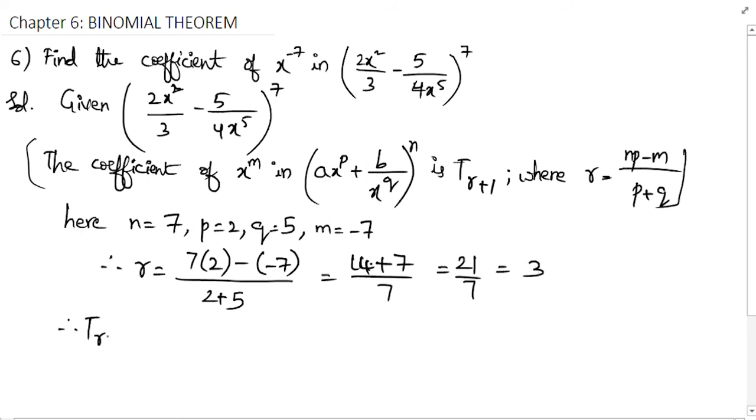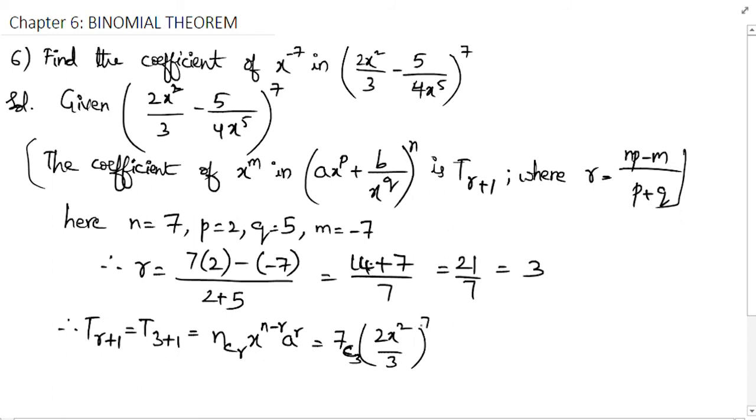So therefore T(r plus 1) is equal to T(3 plus 1), which is equal to nCr x power (n minus r) a power r, okay. This is equal to 7C3 (2x square by 3) whole power (7 minus 3) into (minus 5 divided by 4x power 5) whole power 3, okay, that is whole cube.